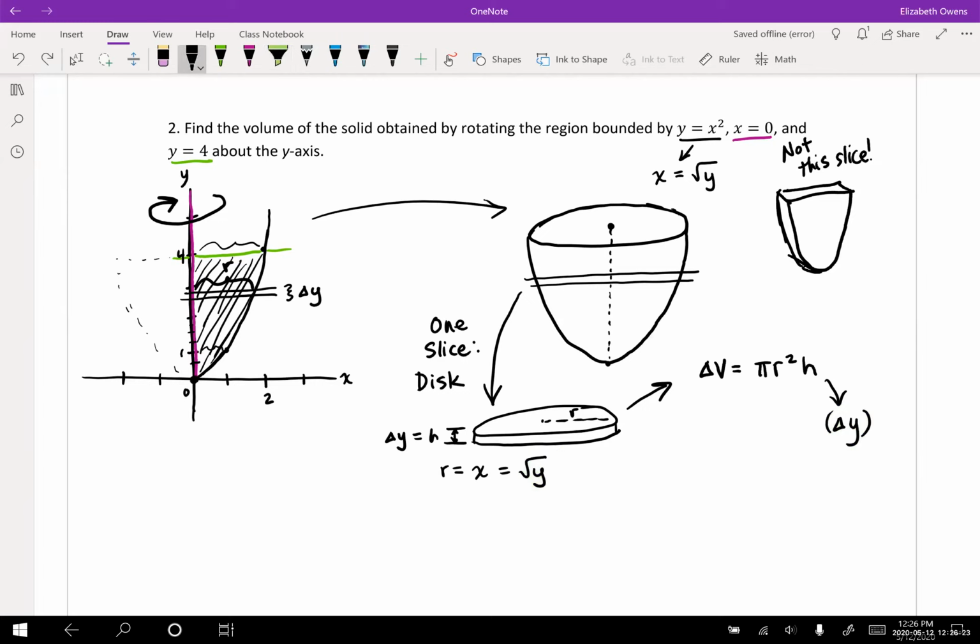That's what's going to go in for r right here, the square root of y, and that's going to get squared. So we have pi times the square root of y squared times delta y for our little change in volume. Everything in that full equation is in terms of y, and we needed to make that happen here.